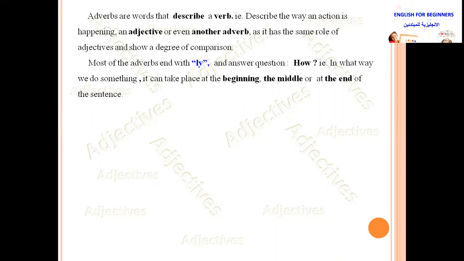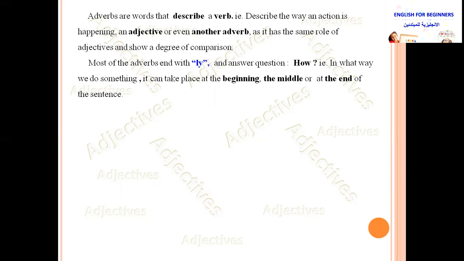They describe an adjective تصف لنا الصفة, or even another adverb أو تصف لنا حالا آخر, as it has the same role of an adjective and shares a degree of comparison, which means adverb and adjective have a similar role, which is a comparison, أي المقارنة.